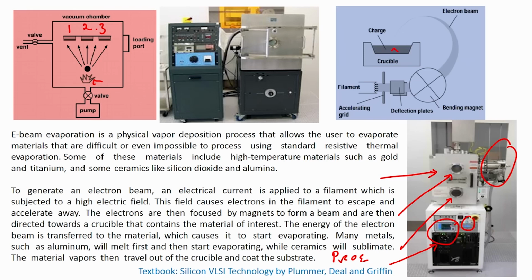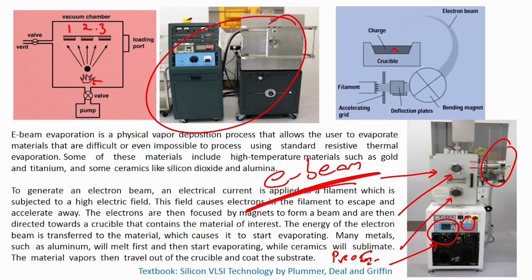The point is that you can use e-beam evaporation for the metals or for the materials which are difficult to deposit using a thermal evaporator or resistive heating, all right.